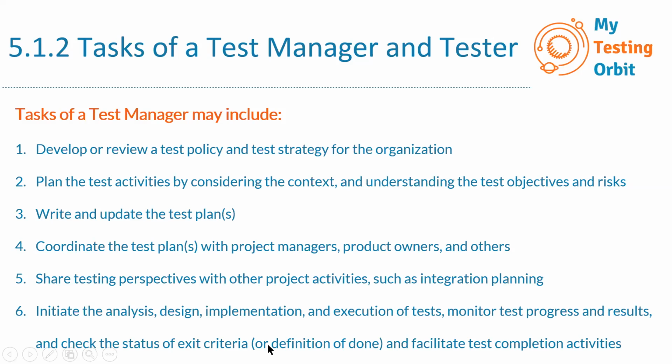Or if we are doing agile scrum, then we don't have exit criteria. We use the term definition of done, meaning this user story will be done if we meet the acceptance criteria and the testing is completed as well. So that's why it's written exit criteria or definition of done, depending on the context, the model we are using for testing.